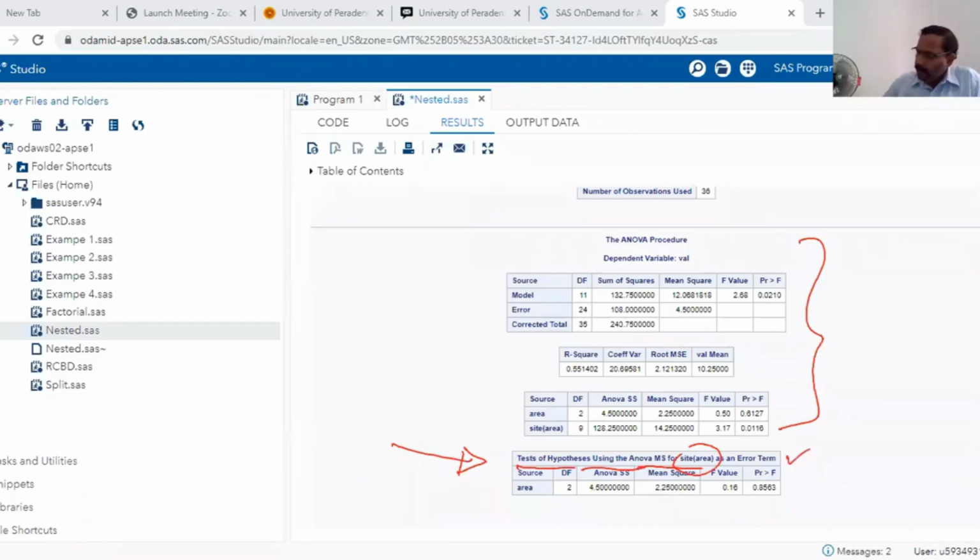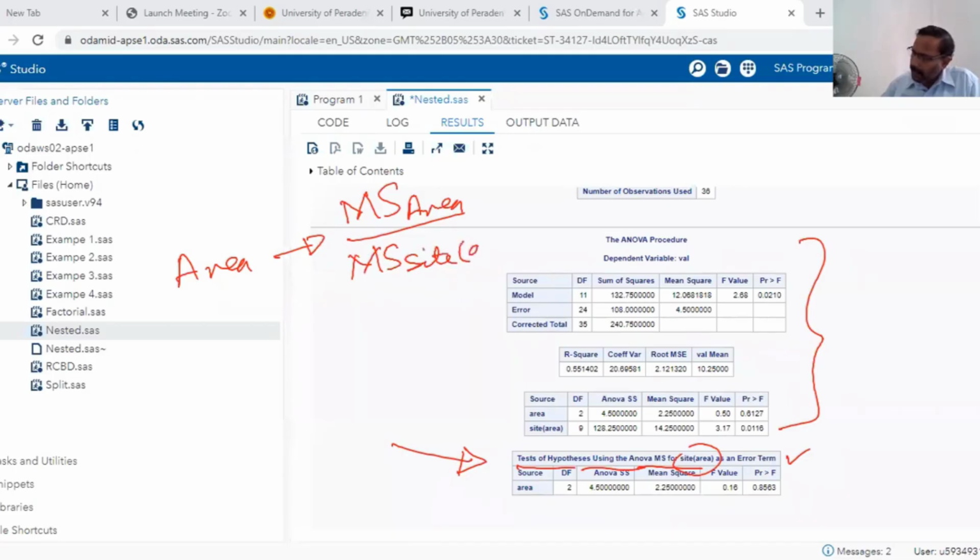So I'm testing area as the mean square of area divided by the mean square of site within area. That is what it says, our error term. This is our error term to test the area. Read very carefully. This is the additional information that we are getting.